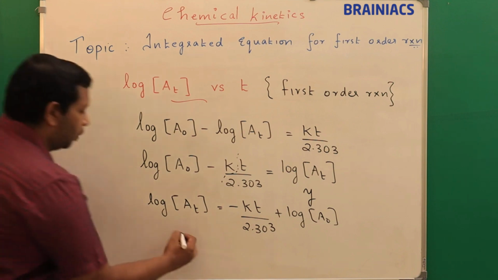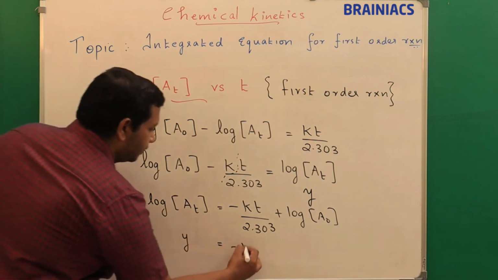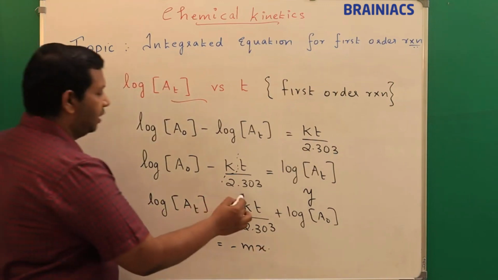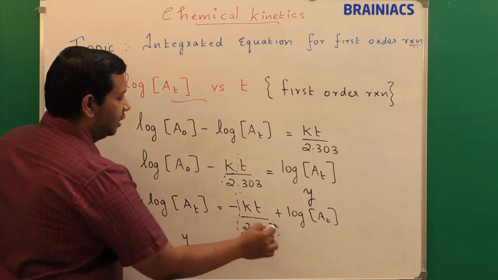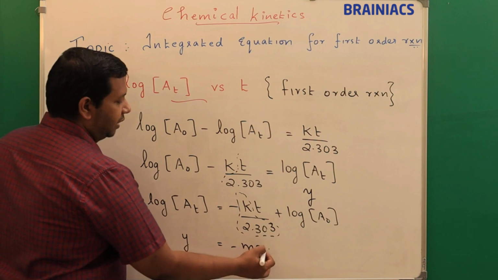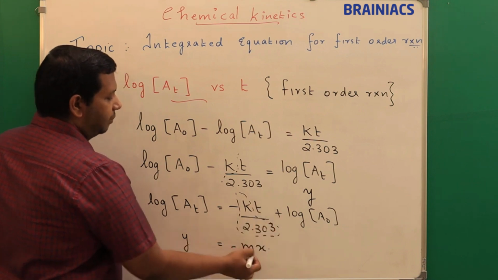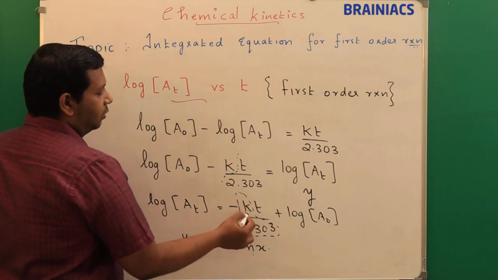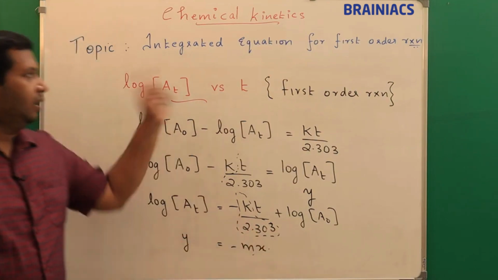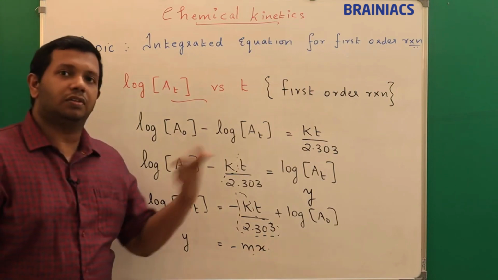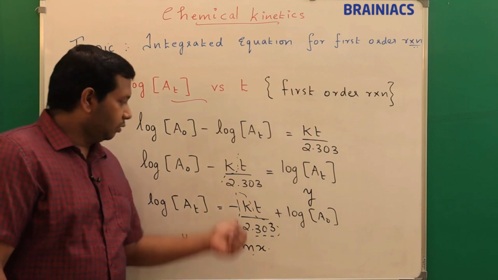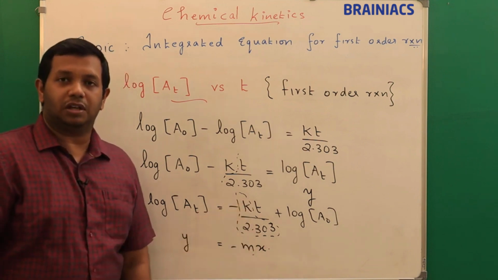So if you see here, this is y, this is minus mx, because k by 2.303 is a constant, and t is a variable. So x is t actually, and m, that is the slope, is k by 2.303. This is a repeated question for a first order reaction. What is the slope? Minus k by 2.303.